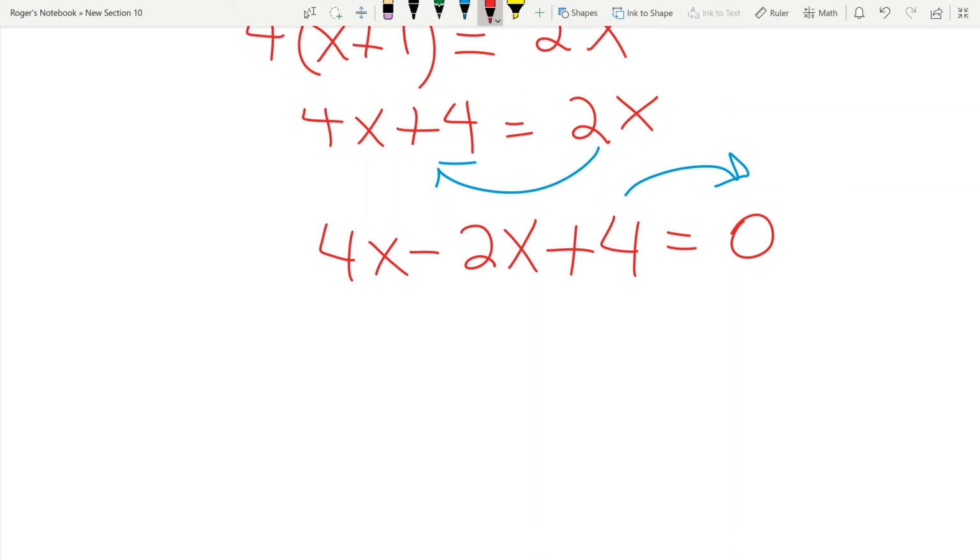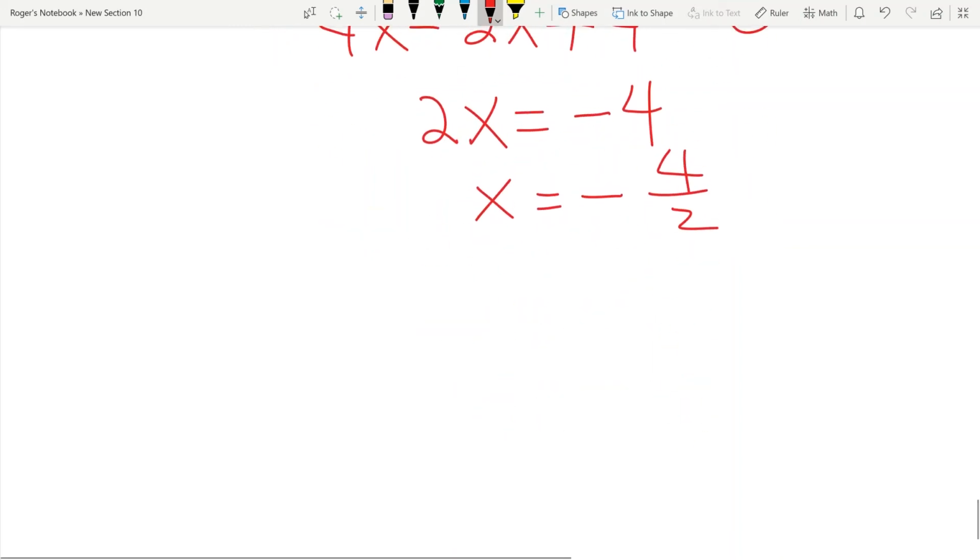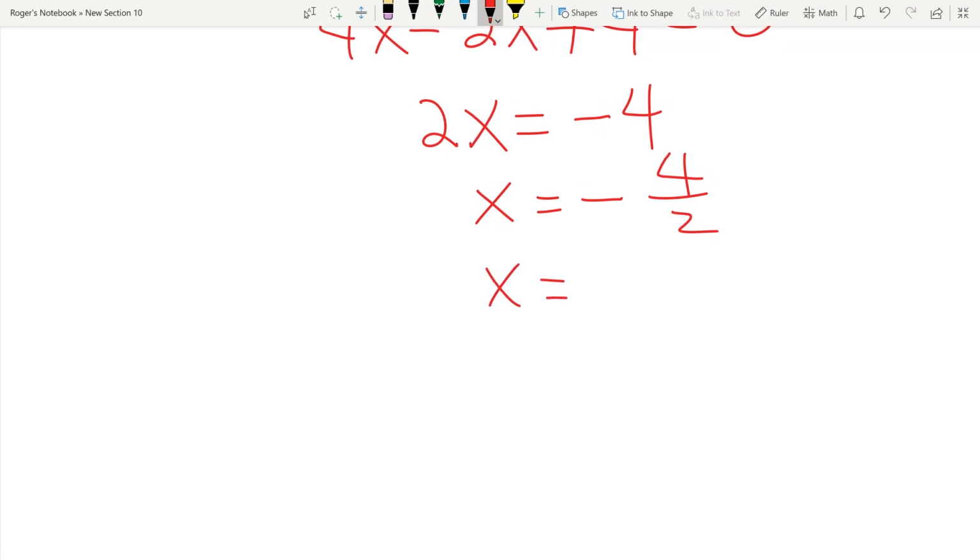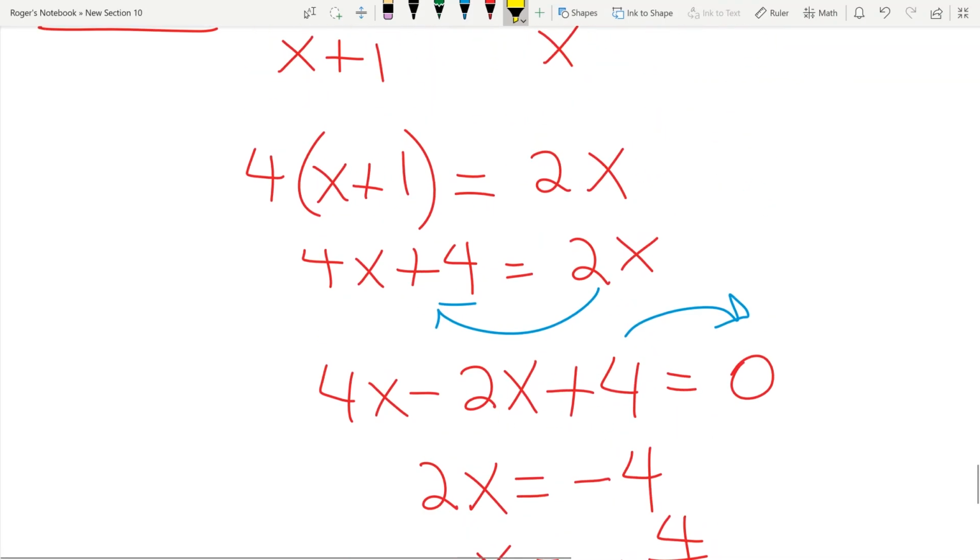Okay, this is all review. You know this stuff. 4x minus 2x is 2x equals negative 4. Okay, and then divide both sides by 2. X will be equal to negative 4 divided by 2, which is simply negative 2. There you have it. We solved for x. Slick, eh? Slick, slick, slick.